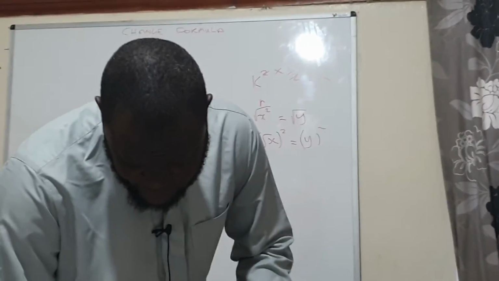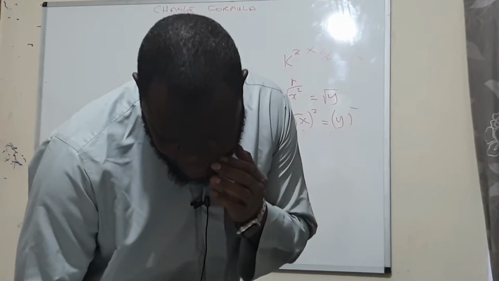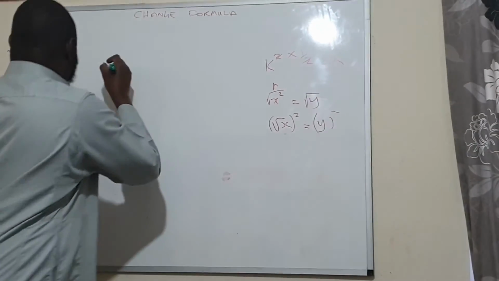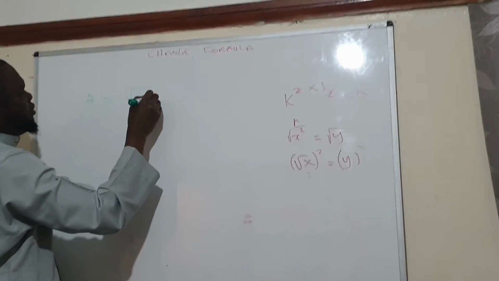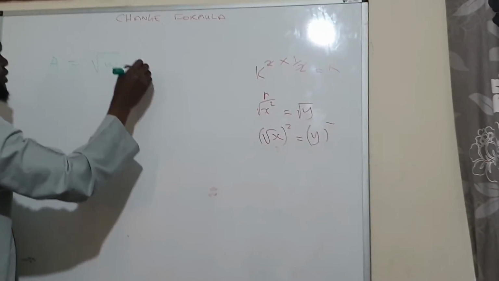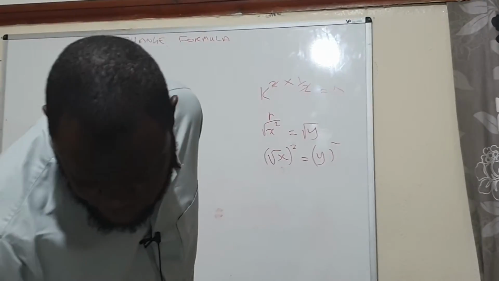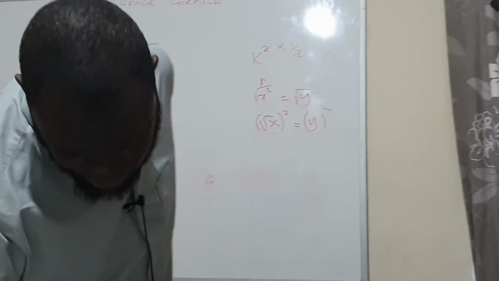Let's look at this. A is equal to the root of W minus A. Hold on.